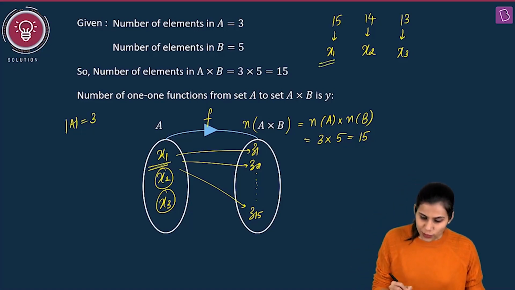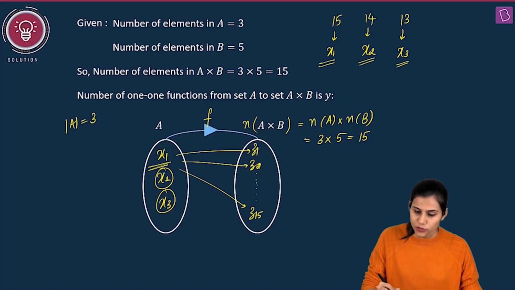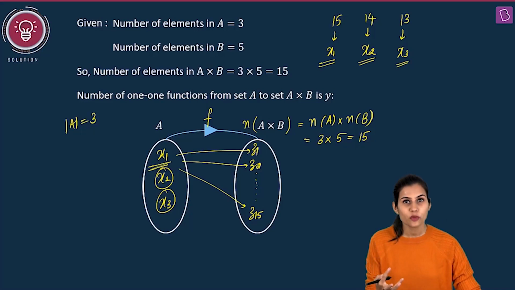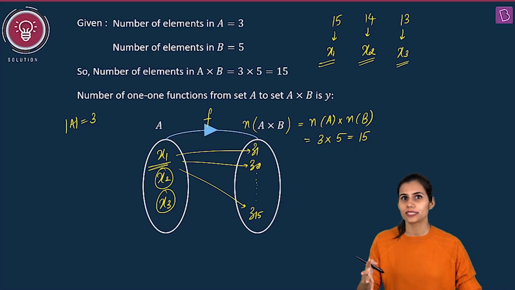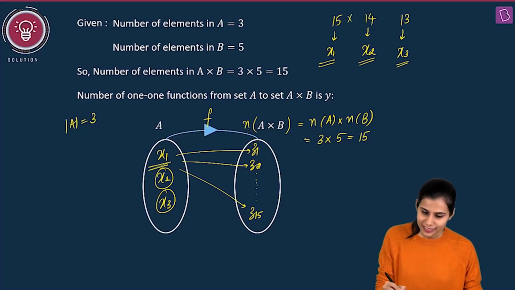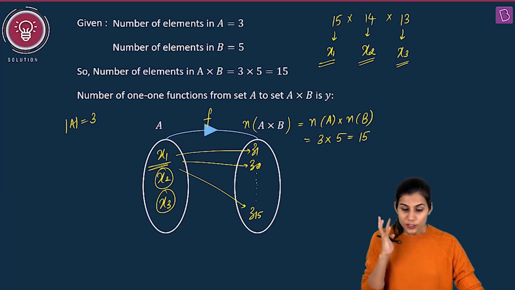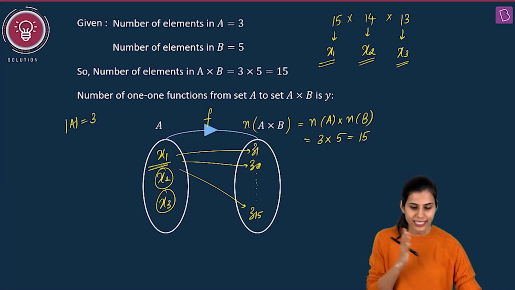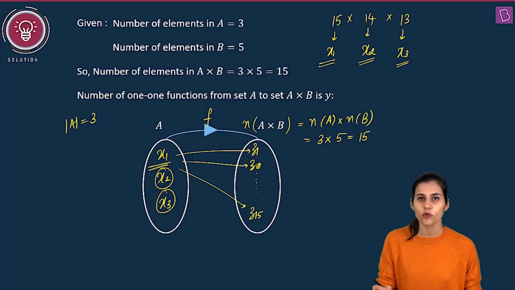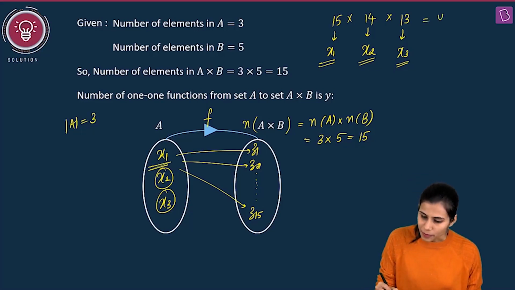So if there are 15 ways to do the first job, 14 ways to do the second job, 13 ways to do the third job, then the total number of ways to do all the 3 jobs, one after the other, are 15 into 14 into 13. Yes? I'm just using my fundamental theorem of counting, nothing else. Basics of PNC, that is permutation and combination. Alright, so the total number of 1-1 mappings from set A to A cross B are 15 into 14 into 13. This is my y.